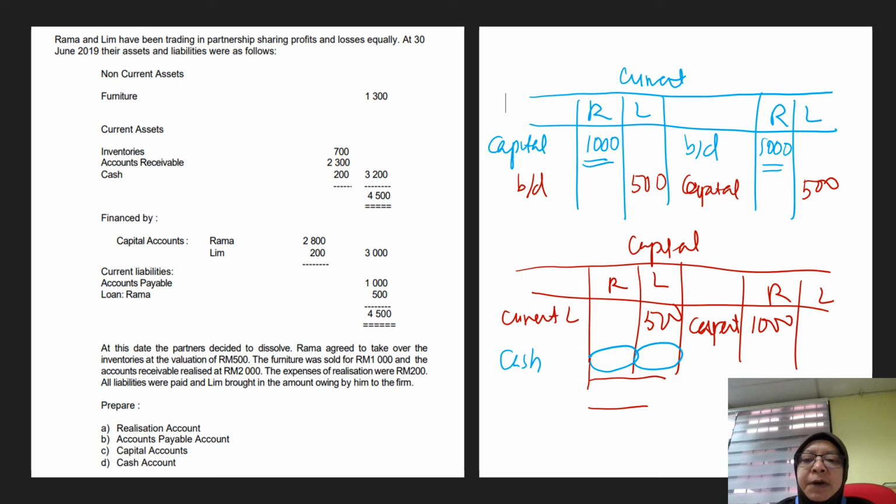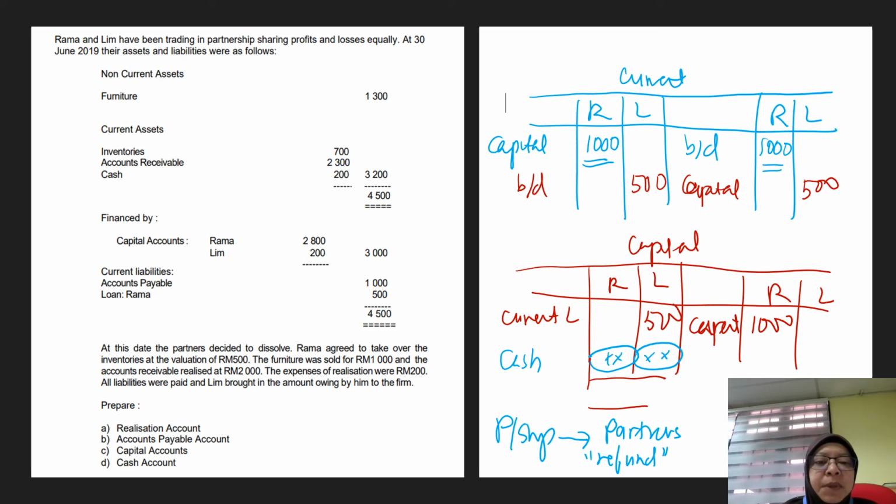It means that upon dissolution, Rama and Lim will receive a refund from the partnership, depending on how much capital is left at the end of the accounting entries. So this amount will be credited in the cash account, showing that the partnership will pay Rama and Lim, the partners, as a refund of their capital. So that will be in step number 4.